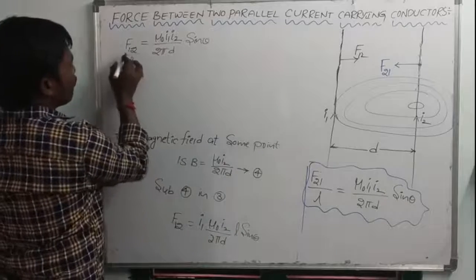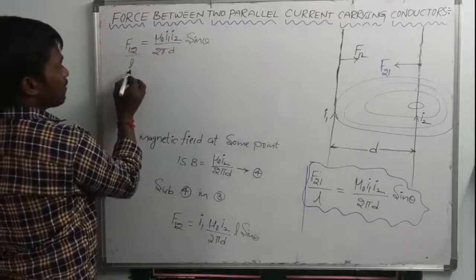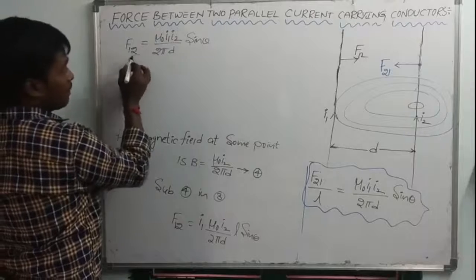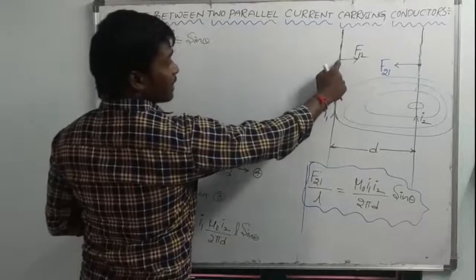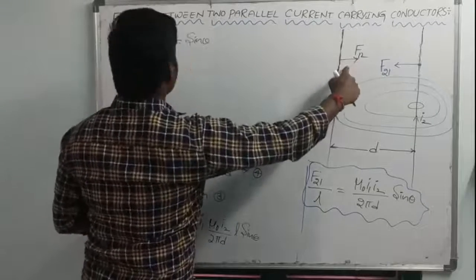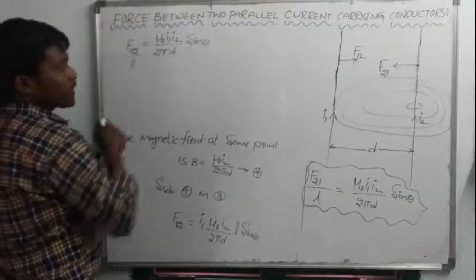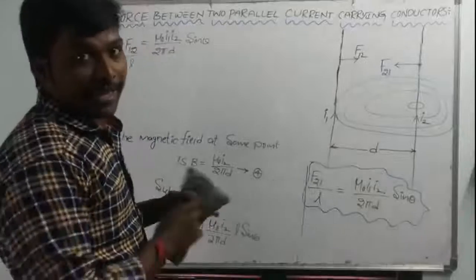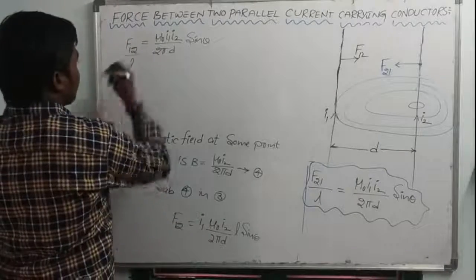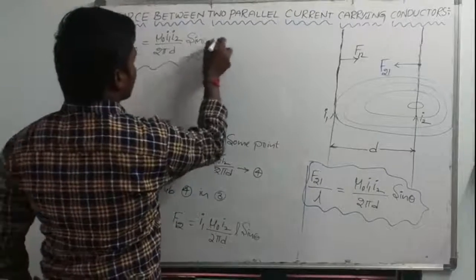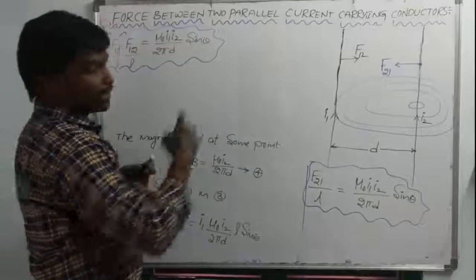So the force acting on the first conductor due to the second one per length is equal to mu naught I1 I2 by 2 pi d into sin theta. This is the expression of the force acting on the first conductor due to the second.